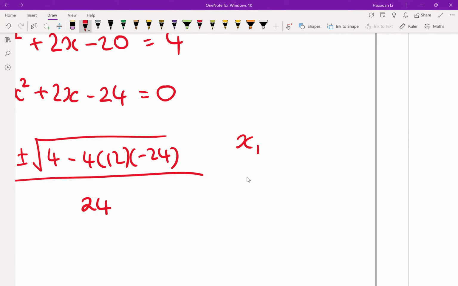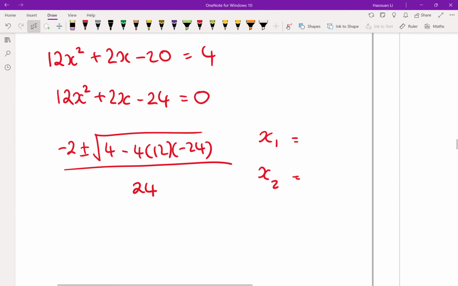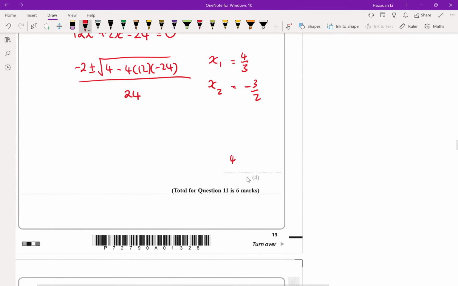So x1 and x2 equal negative 2 plus square root 4 minus 4 times 12 times 24, over 24. So you got 4 over 3 and minus 3/2. So 4/3 and minus 3/2.